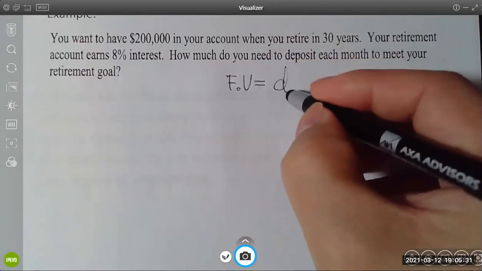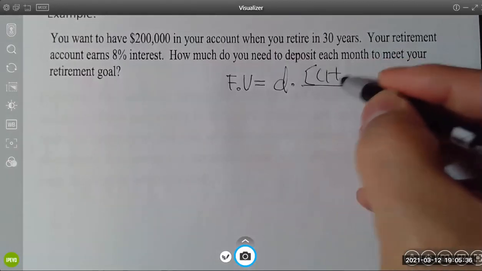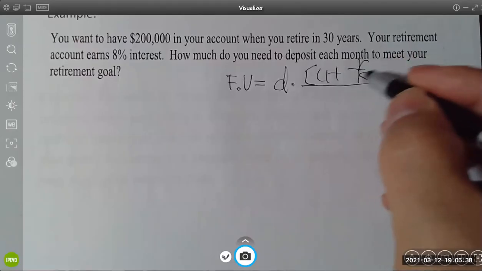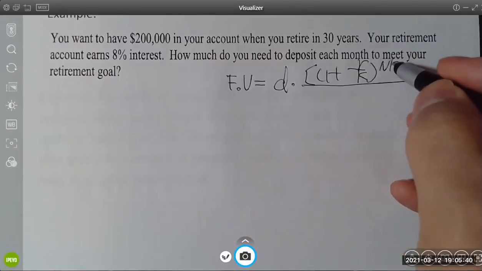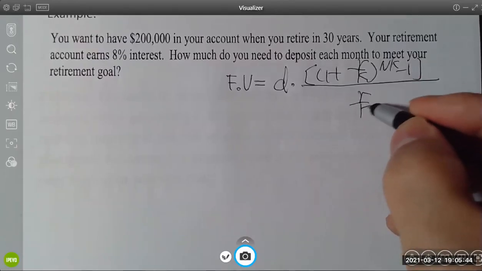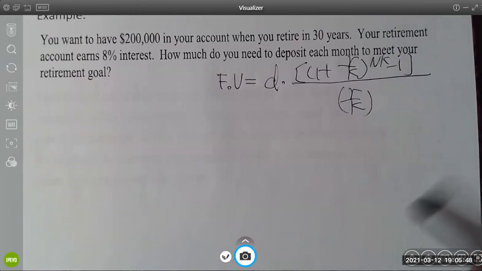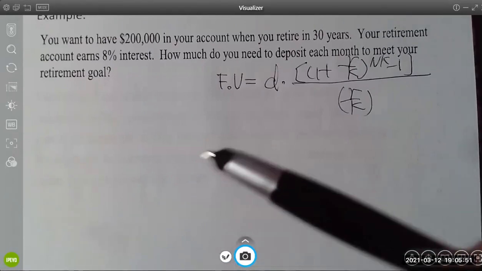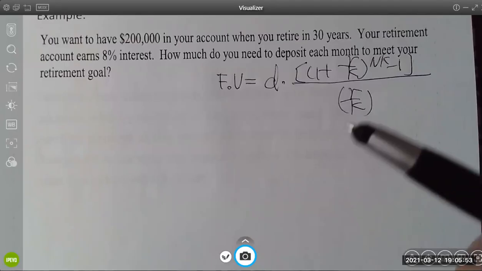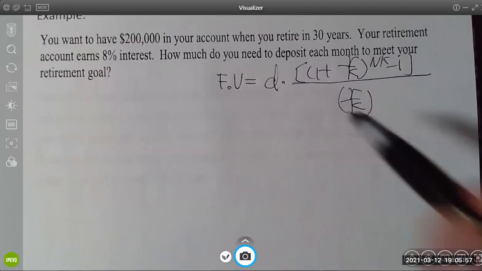And this is the deposit amount each time. 1 plus R over K, this account is compounding. Minus 1. And this R over K. Now in this formula, when you do your homework problem, make sure you identify that a future value of annuity account is involved, so that you use this formula.